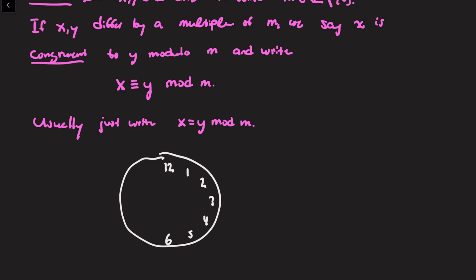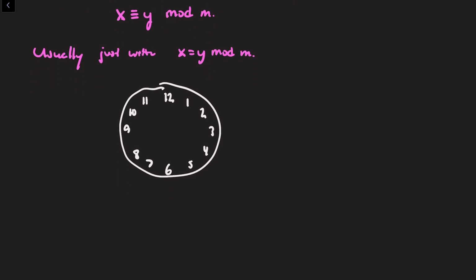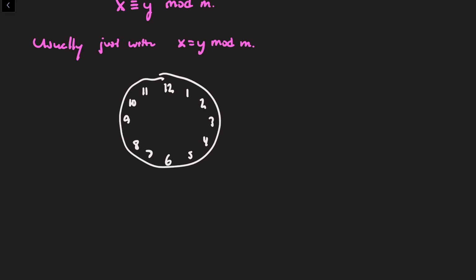And when you count up on this analog clock by the hour, 1, 2, etc., 10, 11, 12, but what happens after 12? Well, we don't go to 13, we go back to 1. So in some sense, 13 equals 1 mod 12.